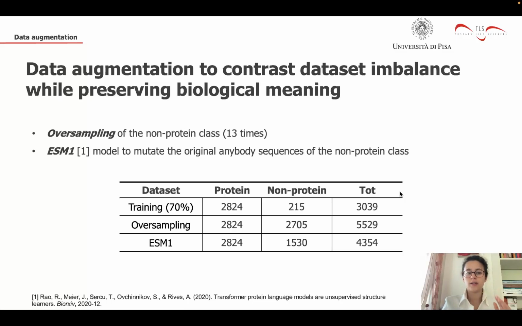To do so, we decided to use two techniques. The first one is oversampling, so repeating the dataset multiple times. This is just a baseline for also evaluating the second type of augmentation we performed, which is the mutation of the original sequences using the S1M1 model.